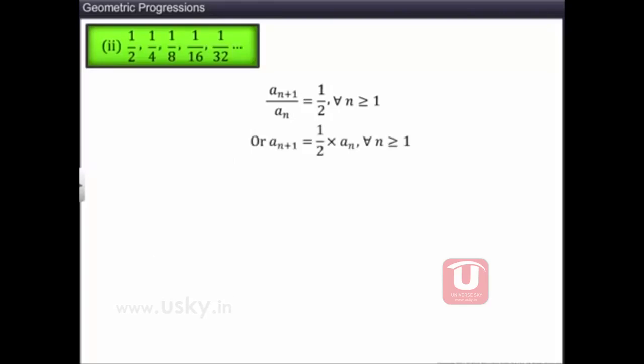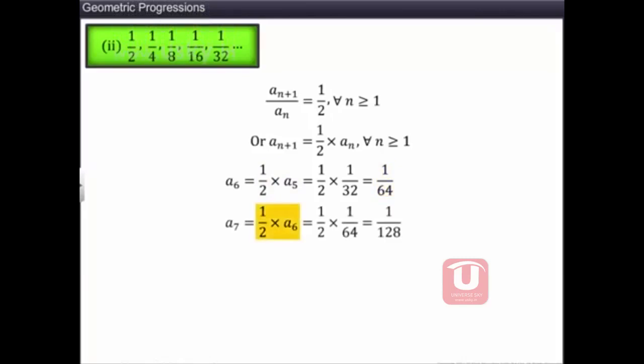Hence, the sixth term of this sequence is half of the fifth term, which is equal to 1 upon 64. The seventh term is half of the sixth term, which is equal to 1 upon 128. The subsequent terms can be found in a similar manner.